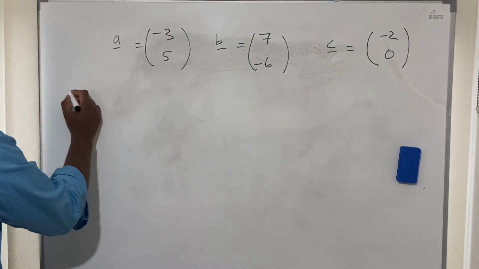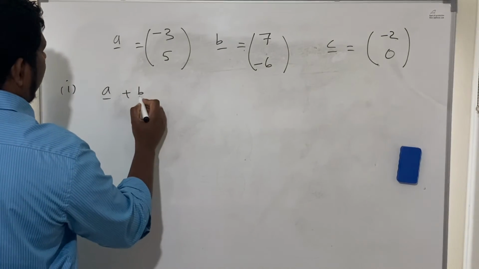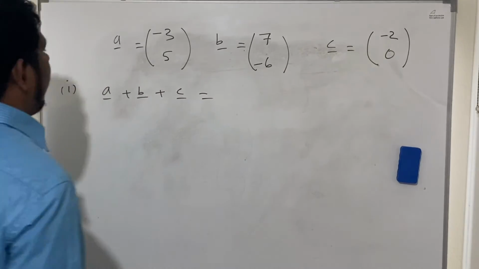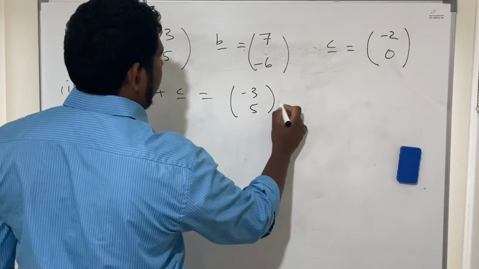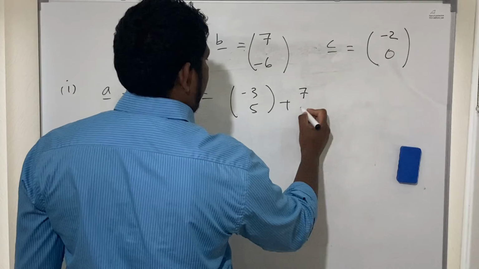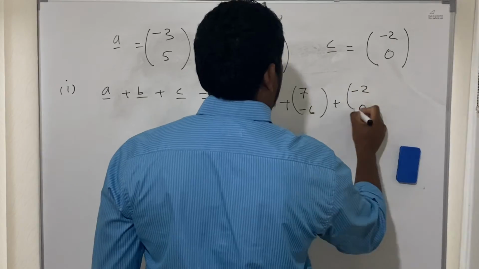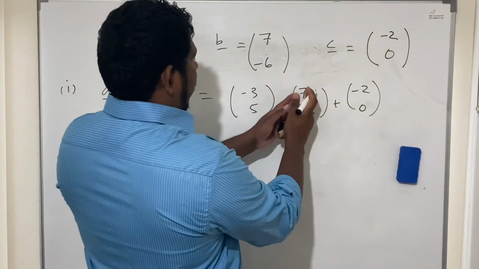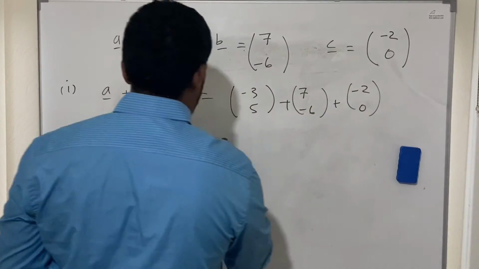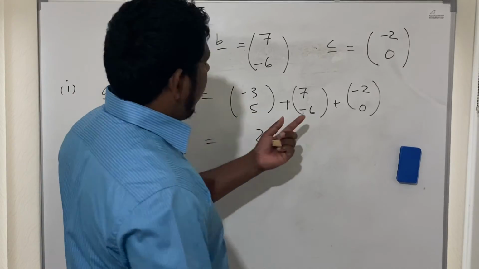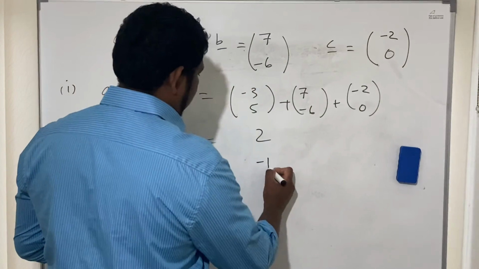Okay, the first question is adding all these vectors together, A plus B plus C. So we put our vectors down, A, B, and C. -3 plus 7 is going to be +4, and -2 is going to be +2. 5 adding -6 is going to be -1, and 0, so -1.